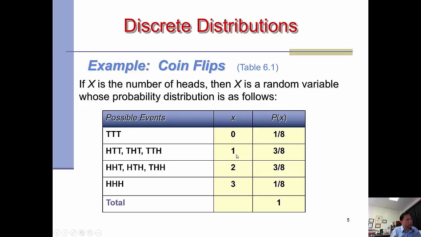So the probability of getting 1 head, x equals 1, is 3/8. By the same token, the probability of getting 2 heads is 3/8. Getting 3 heads is 1/8. Right? And you add them all together, 1/8 plus 3/8 plus 3/8 plus 1/8, you get 8/8, or 1, because that's all the possibilities.